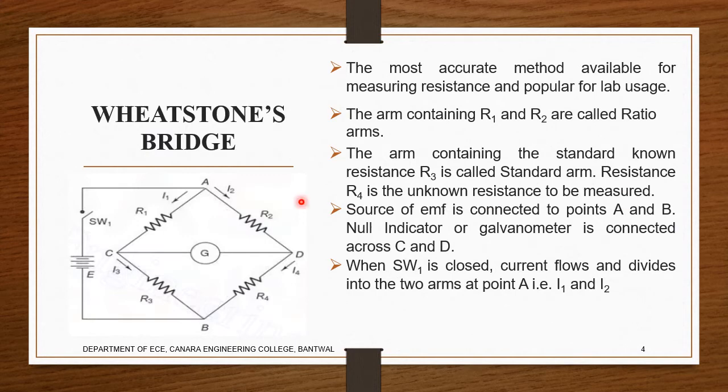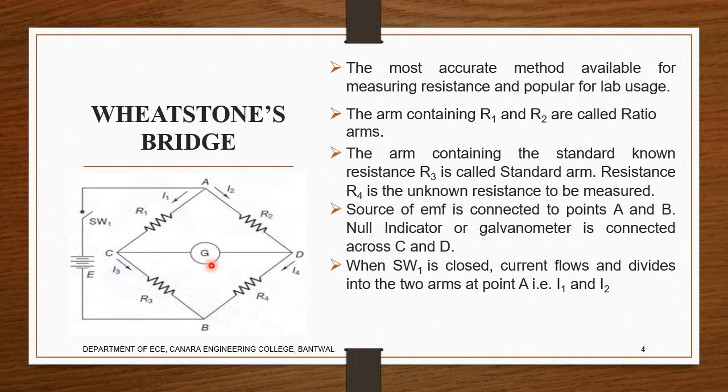First is the Wheatstone bridge. As I discussed earlier, here we have 4 resistors R1, R2, R3 and R4. Two of the junctions are connected to an EMF E, and the other two have a galvanometer G. At first we will be discussing the DC bridge, the Wheatstone bridge.